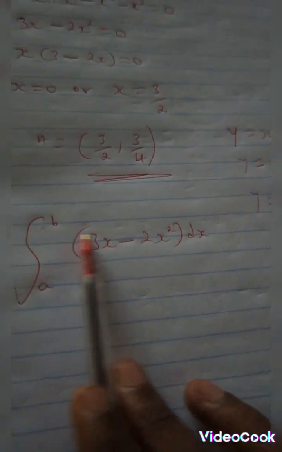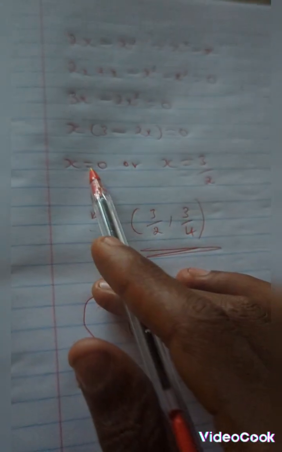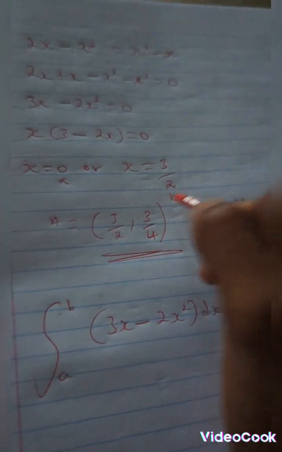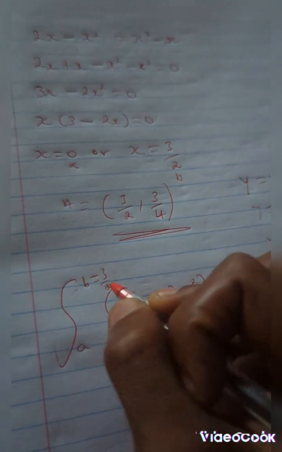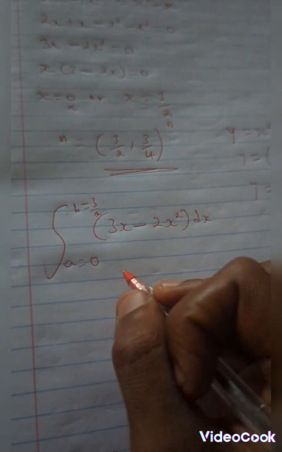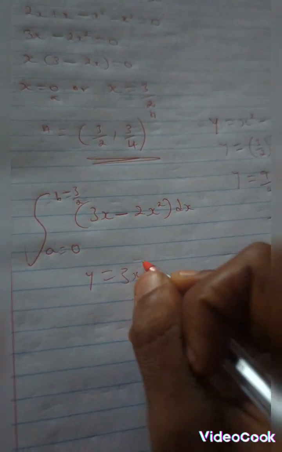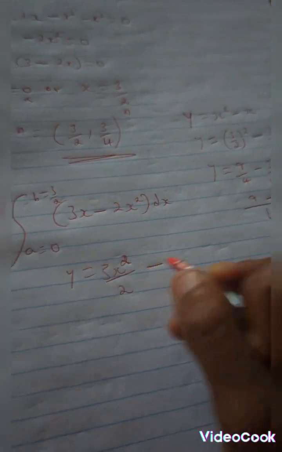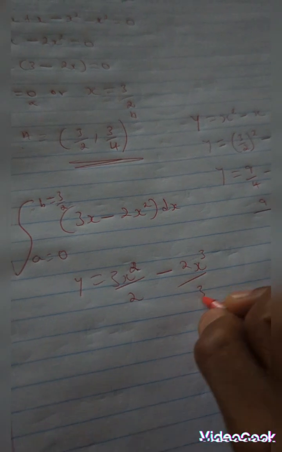We find now the area. So when finding the area, we are getting these two x values. The first x is A, the second x is B. So our B is 3 over 2, then our A is 0. Then now we are going to integrate this. When we integrate, it will be y equals 3x squared over 2 minus 2x cubed over 3.